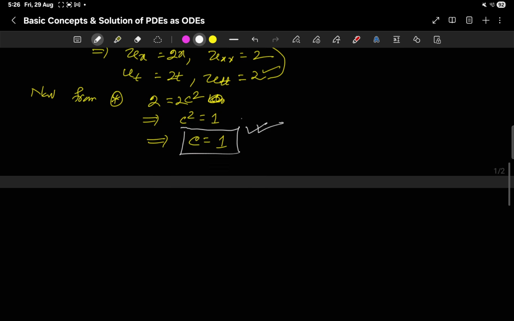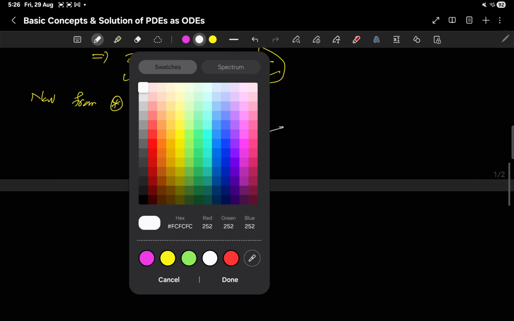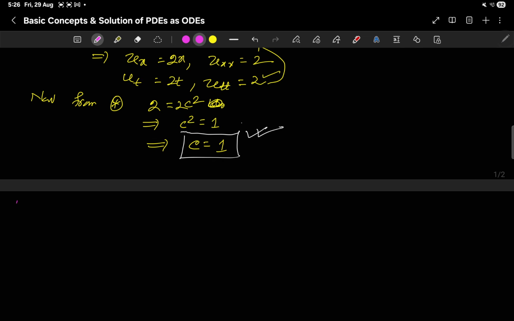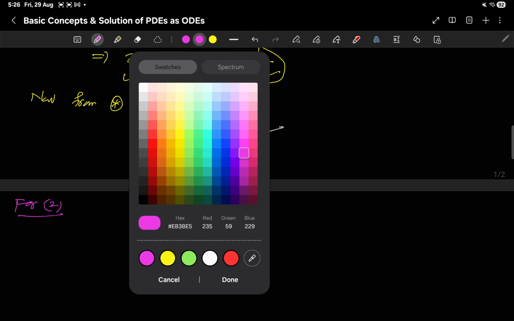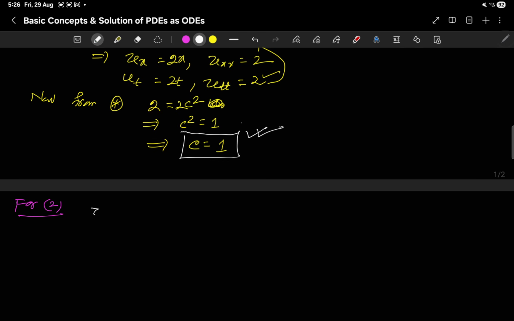Likewise, coming to the solution of the second, here u is equal to sin ct sin x, right? So ut is the derivative of sin ct, it is c cos ct, with sin x constant.